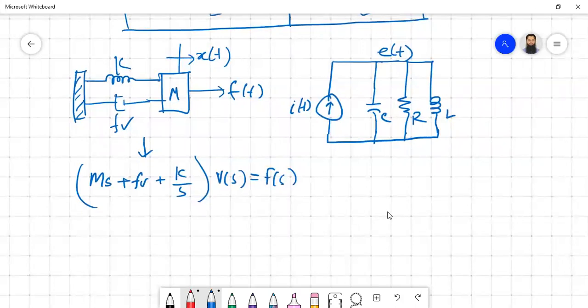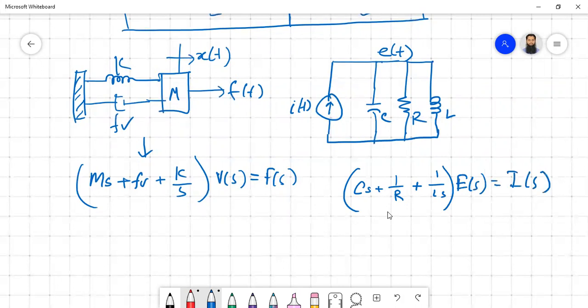So admittance is Cs, plus 1 by R conductance, 1 by Ls is your susceptance. So basically the summation of all the admittances multiplied by the node voltage will give you the source current.